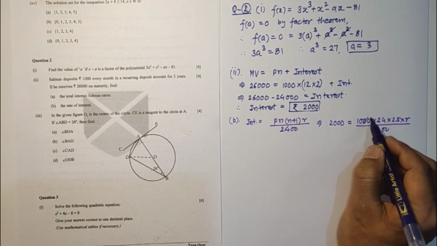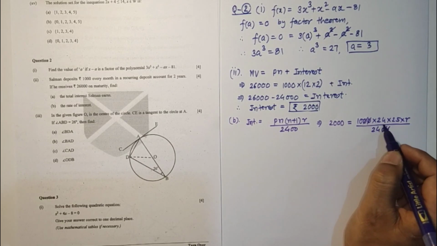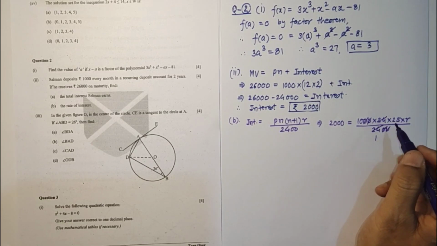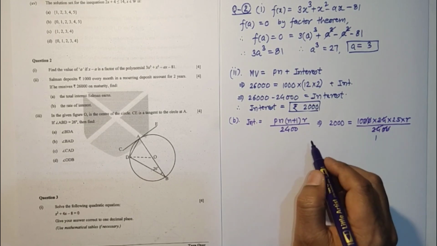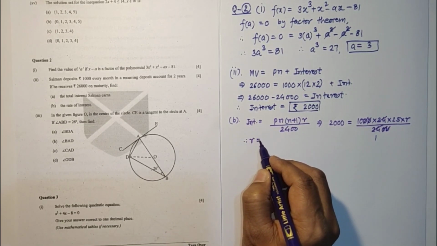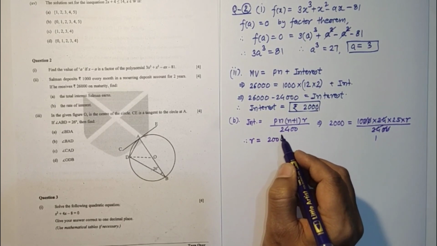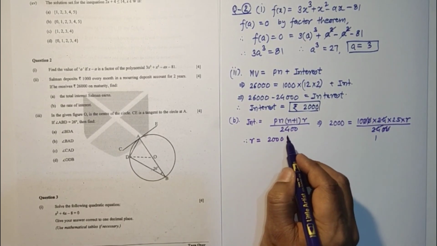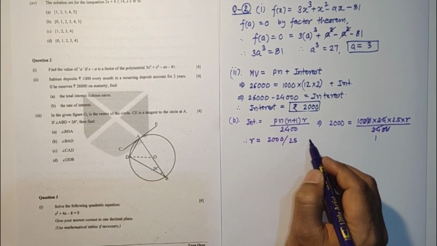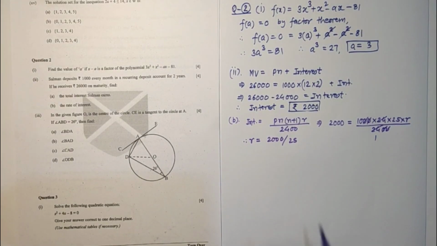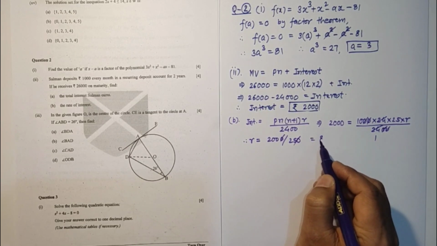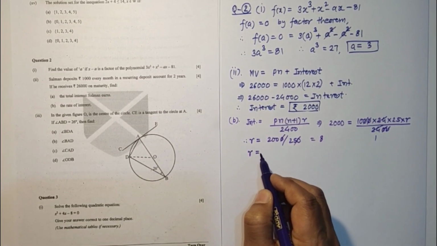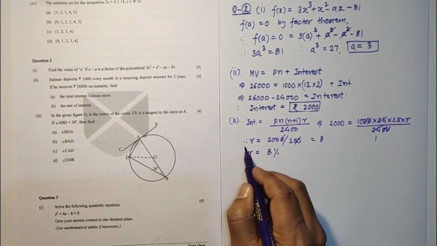These two zeros will get cancelled, so here it is 25 into 10. Therefore r is equal to 2000 over 250, that is equal to 8. So the rate is equal to 8% per annum. This is the answer to number 2.